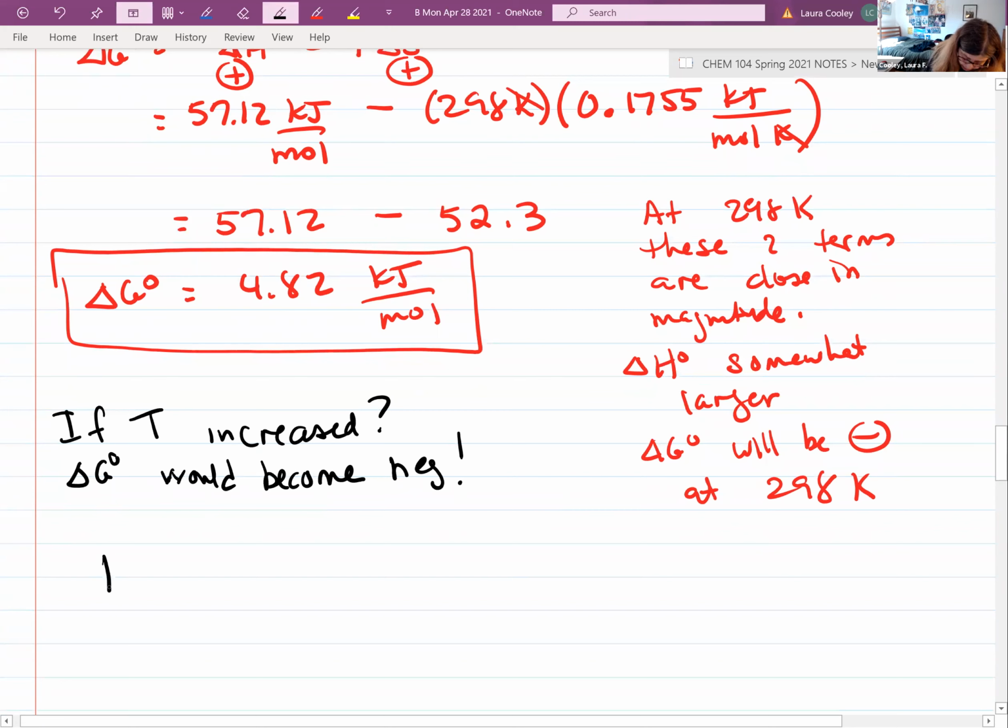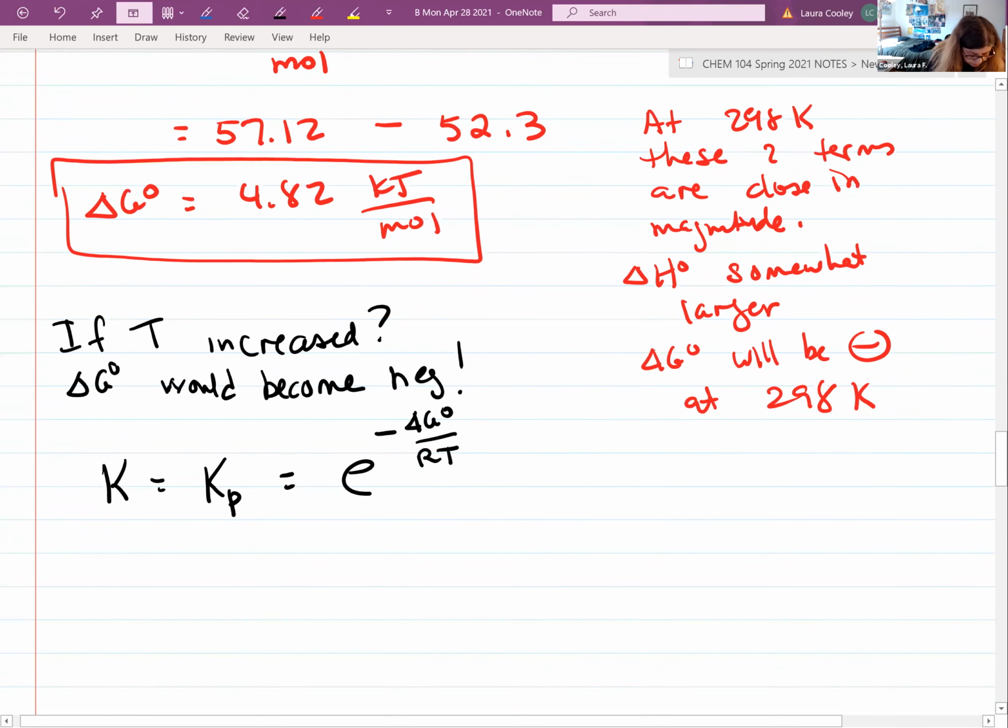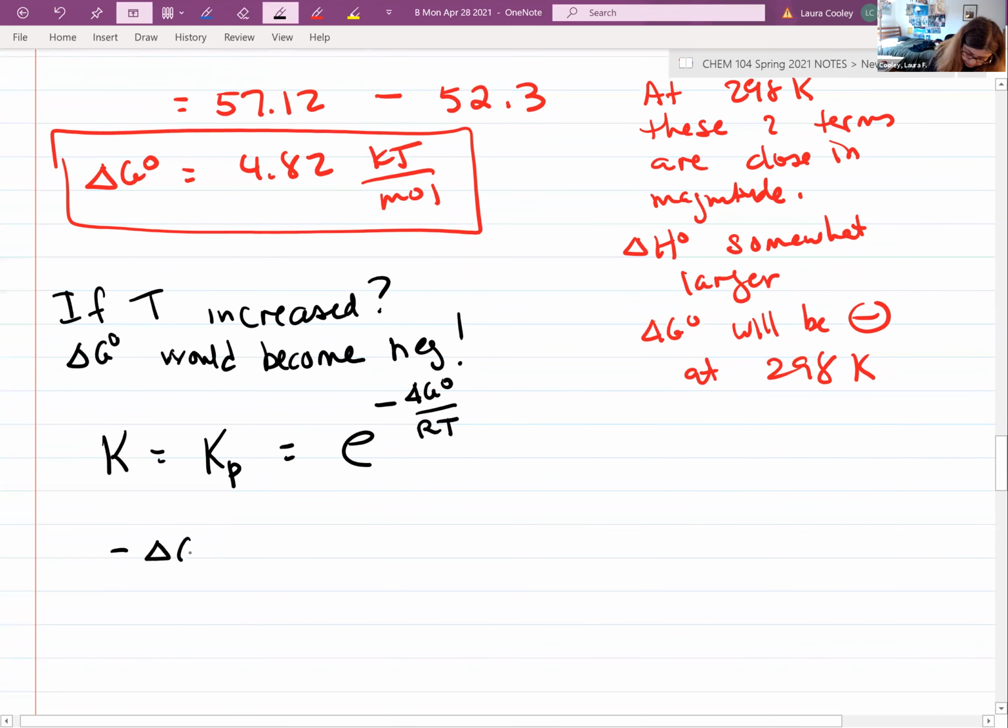For now, we're going to find K, which is Kp. Let's just calculate it. E to the minus delta G0 over RT. First, let's calculate this exponent.